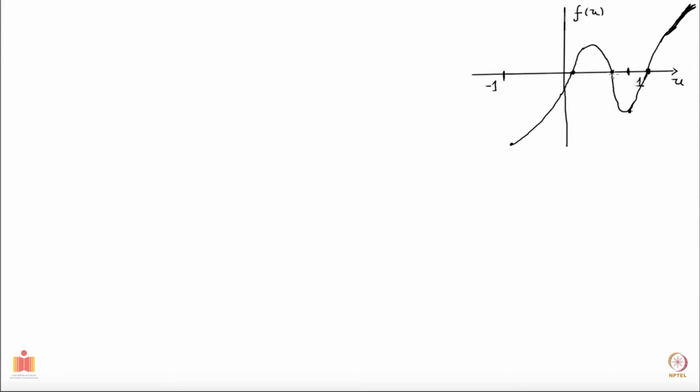Let's call this u1, which corresponds to the value theta 1, and this u2, which corresponds to theta 2. So what I've concluded is that there are 2 real roots in the physical interval.